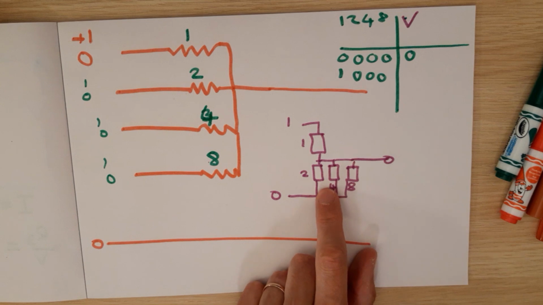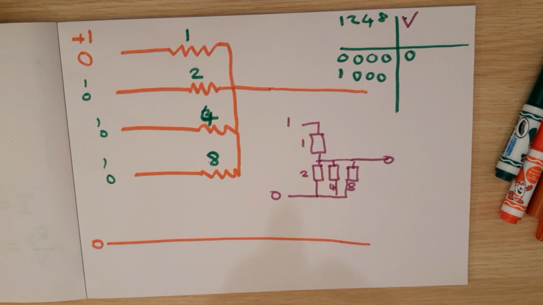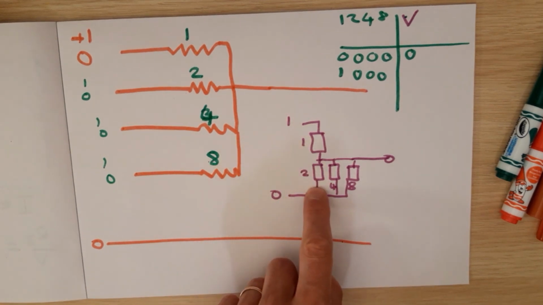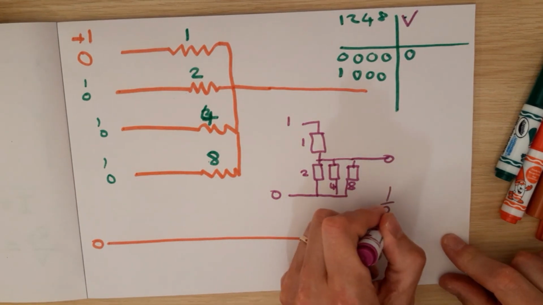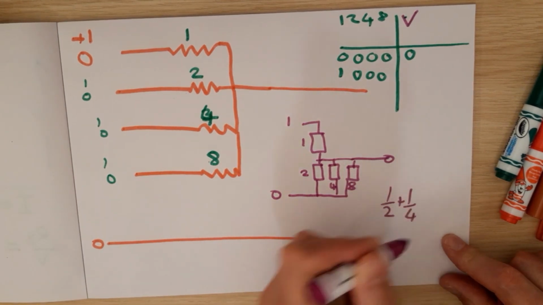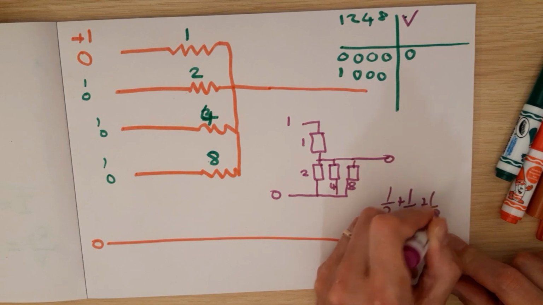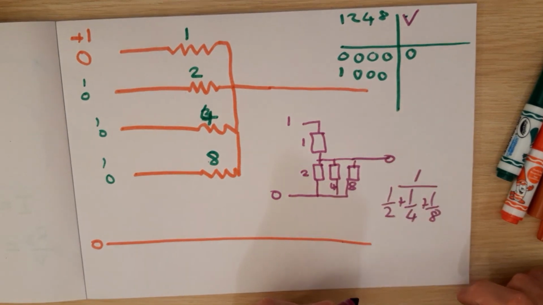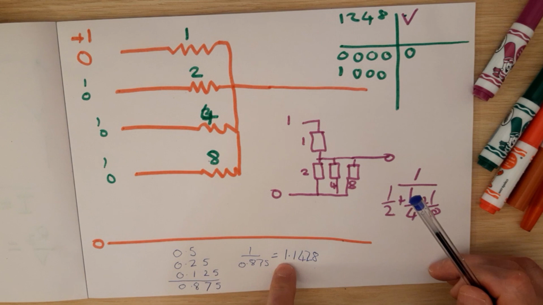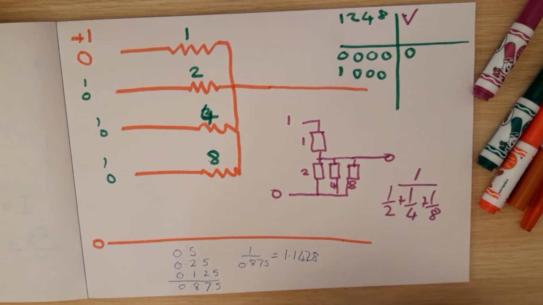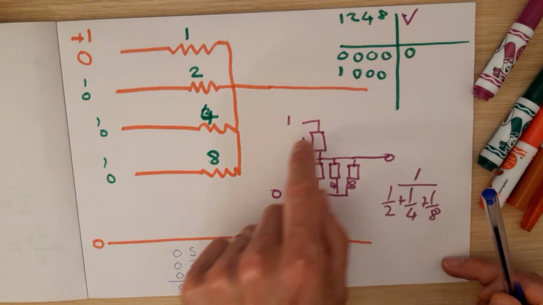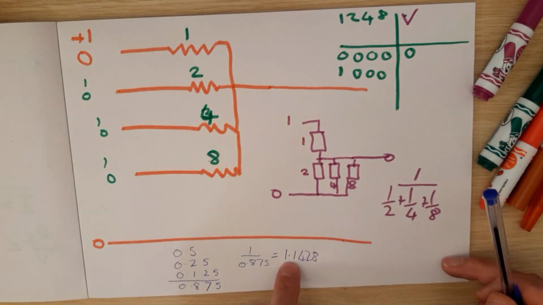So we can do our resistor mathematics here. This resistance is 1 ohm. This resistance is 1 over 2 plus 1 over 4 plus 1 over 8, 1 over all of that, 0.875, equals 1.142857 recurring. So what would the voltage be here? There's a 1 ohm there and a 1.14 ohm there.